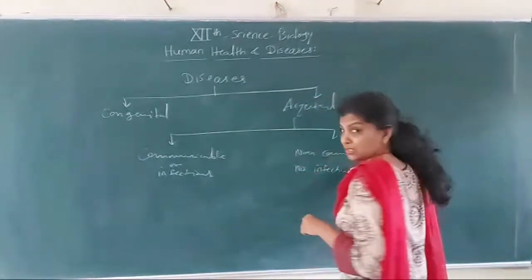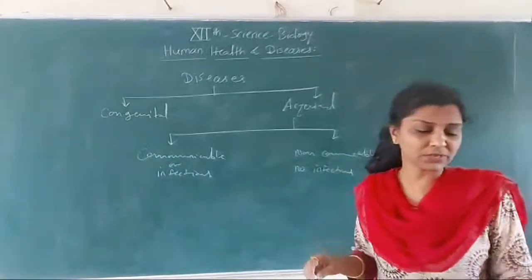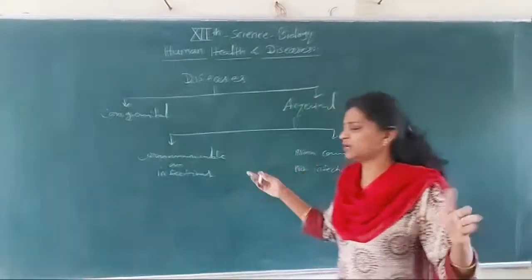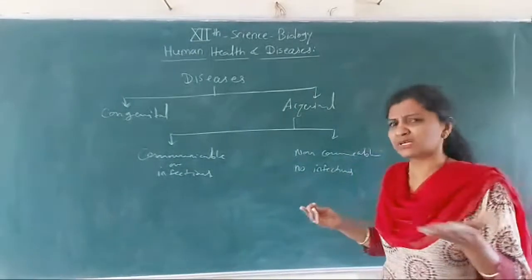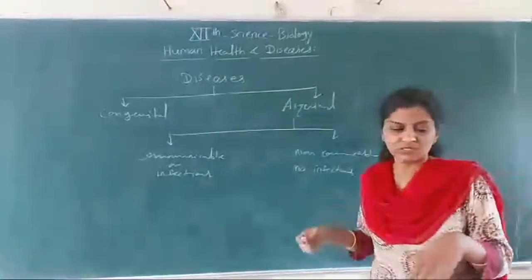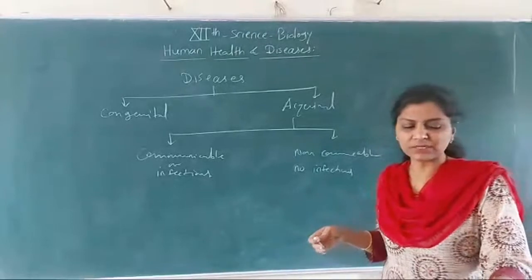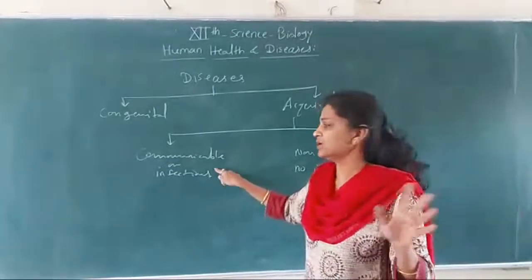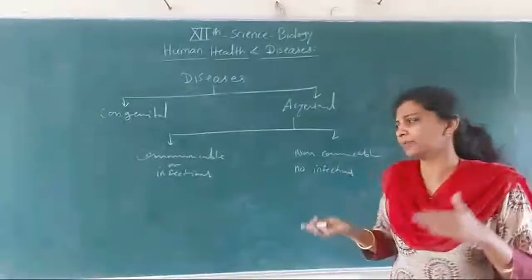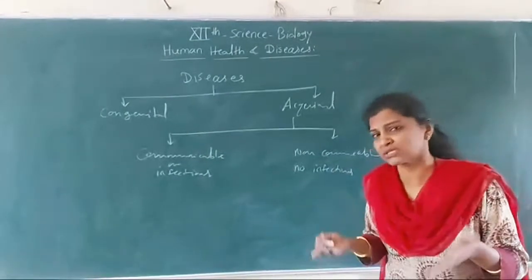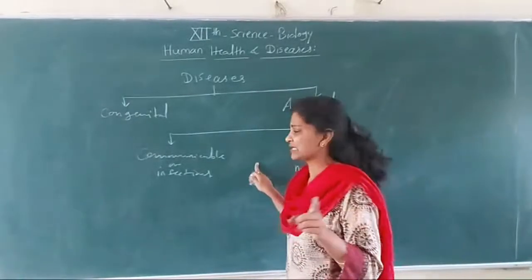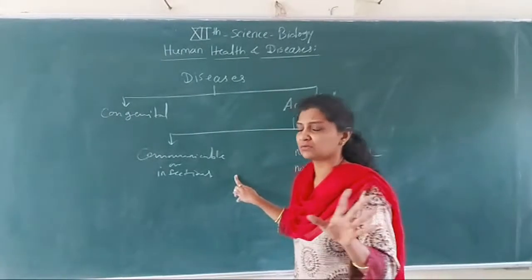So what is communicable or infectious? Communicable or infectious we call contagious diseases. So these diseases can be transmitted from infected persons to healthy persons. That is communicable or infectious disease. What do we call it? Contagious disease.